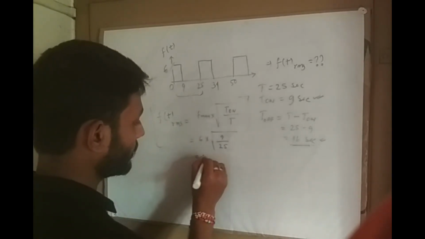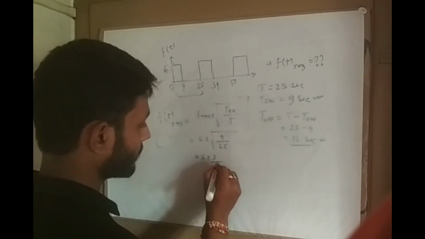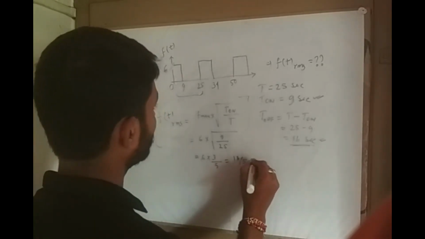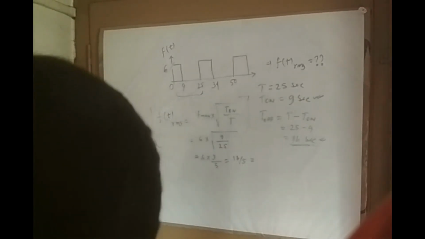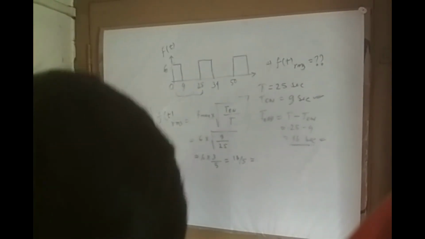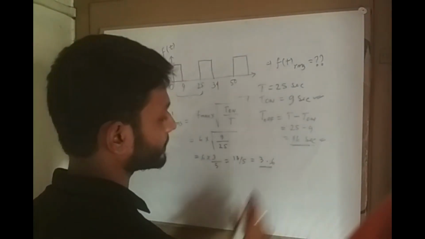The answer will be 6 multiplied by 3 divided by 5. The answer will be 3.6.